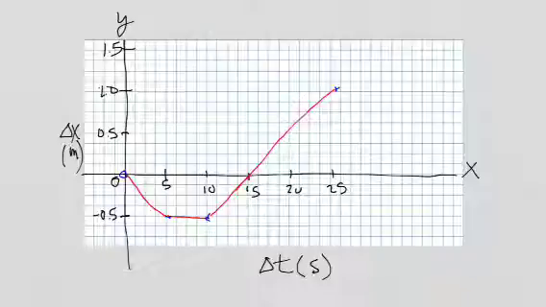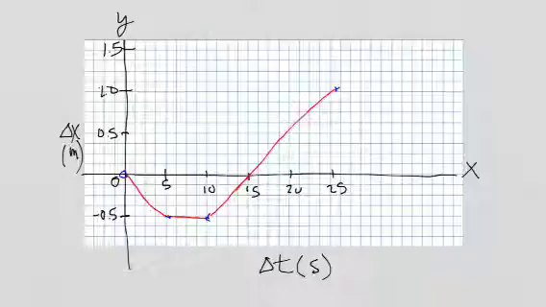So am I actually changing positions here? No, I'm not. I start from my starting point, I go backwards a wee bit, and I take a pause there for 5 seconds. And then after the 5 seconds is up, you'll notice that I start to move in a forward direction, in a positive displacement, until 25 seconds where I come to rest.